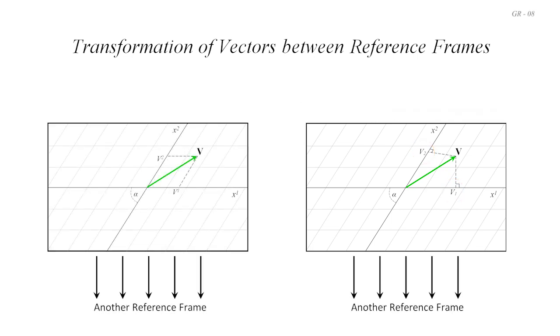To see how to do this, we will first consider a vector v at some point in a two-dimensional space. Suppose the vector v is here in this space, at this black dot. Never mind whether the vector is contravariant or covariant. Let's now think about its various components, but of course any components would have to relate to a particular frame of reference.